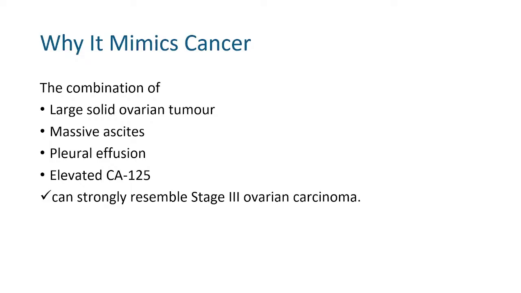Why it mimics cancer? The combination of large solid ovarian tumor, massive ascites, right pleural effusion, and elevated CA125 can strongly resemble stage 3 ovarian cancer. So this is one of the most confusing cases.